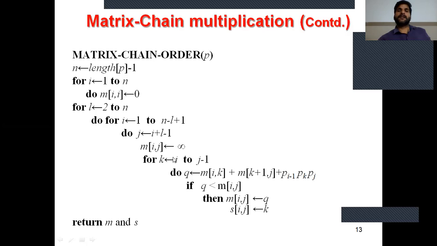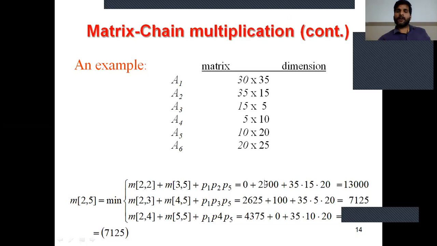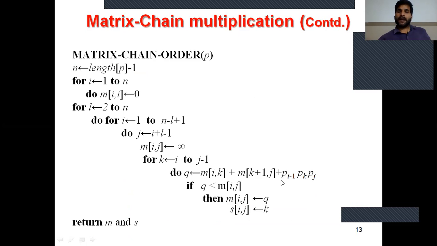Next k runs from i to j minus 1. Then the value of q is assigned by this equation: M[i,k] plus M[k+1,j] plus p_{i-1} p_k p_j. If the value q is less than M[i,j], then we assign the value q in matrix M[i,j] and assign the value of k in matrix S[i,j].